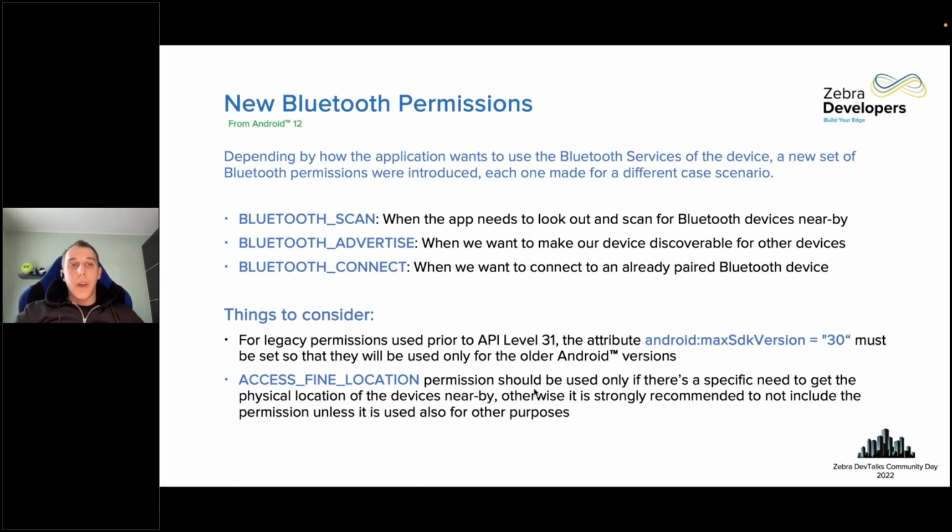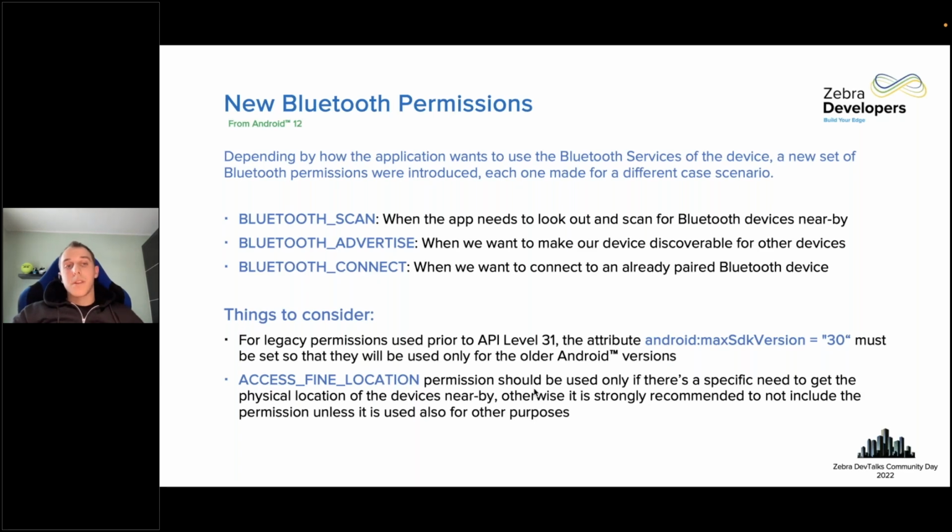But now, since we have the Bluetooth scan permission, which is going to scan for Bluetooth devices nearby without using the physical location of devices, you can just discard the access fine location in your project and use only the Bluetooth scan.